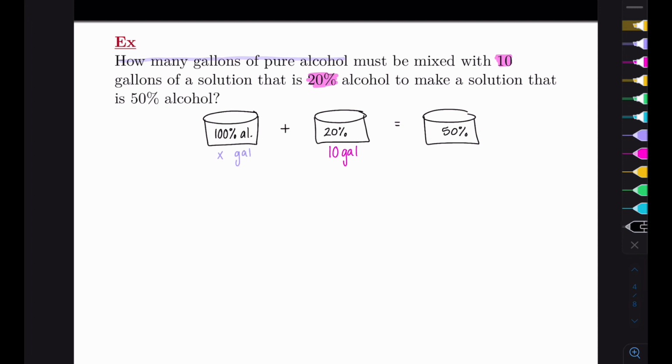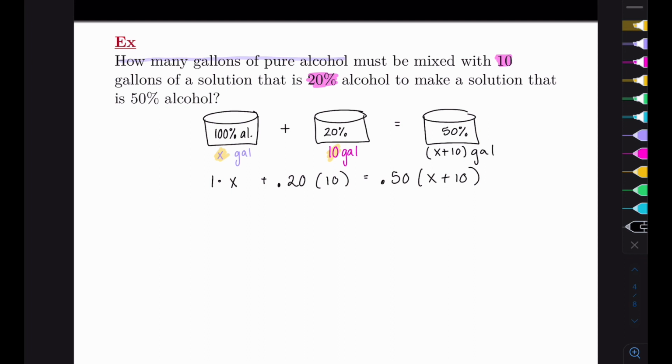And then same thing on the right hand side to figure out how many gallons are in this final mixture. We just add the two together. So in total we'll have X plus 10 gallons of this mixture. So creating our equation, we have 100, which is 1 times X. 20% is 0.20 times 10, and that gives us 0.50 times X plus 10.